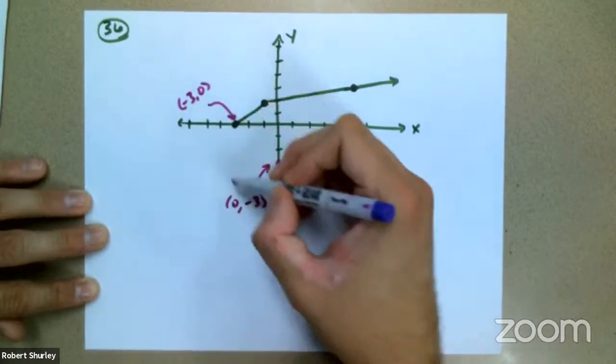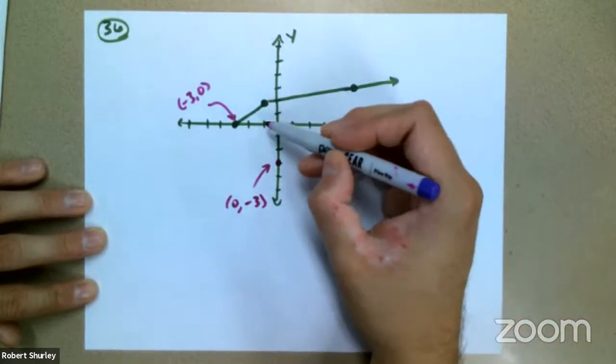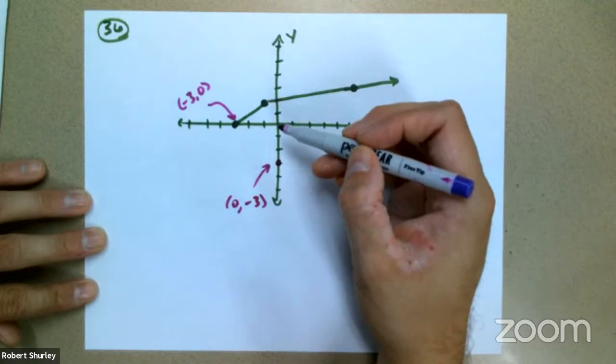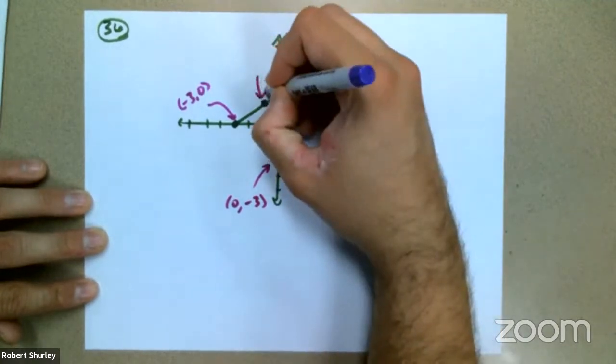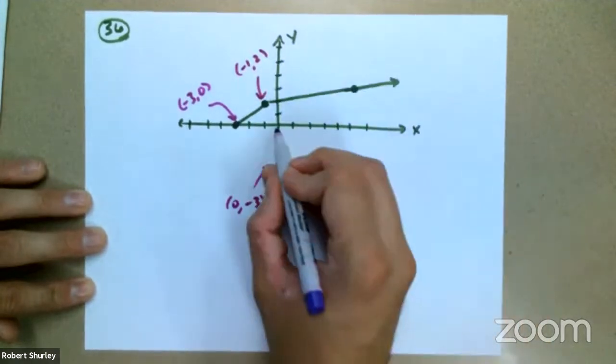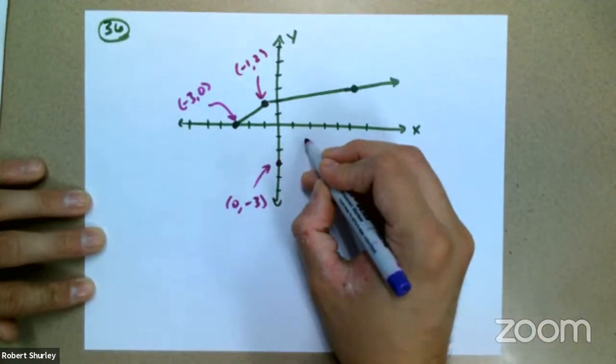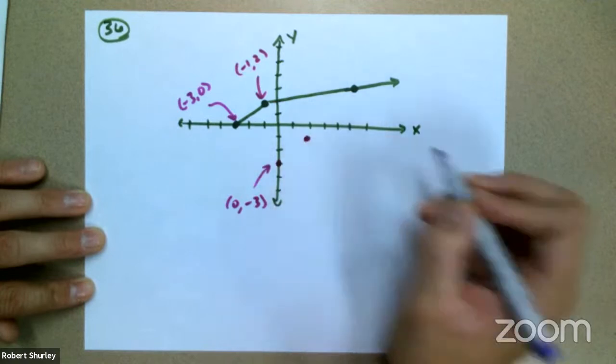Notice these are the inverses of each other, right? Now this next coordinate, -1, 2. The inverse of that would be 2, -1. So 2, -1 is about right there. Okay?